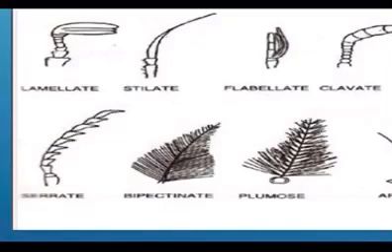Example, in Coleoptera, Hymenoptera, Lepidoptera. Then comes the plumose type. The plumose type of antenna occurs in the male mosquitoes, and all the segments of the flagellum are having long hairs.